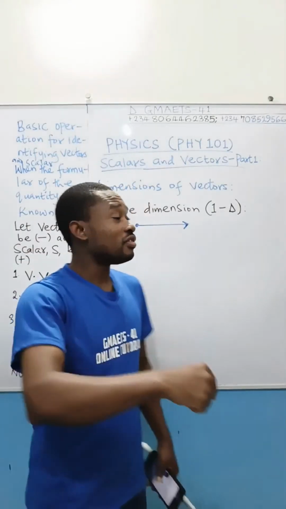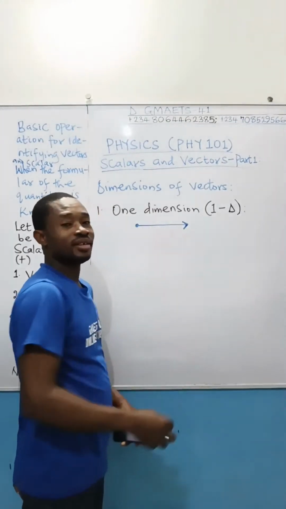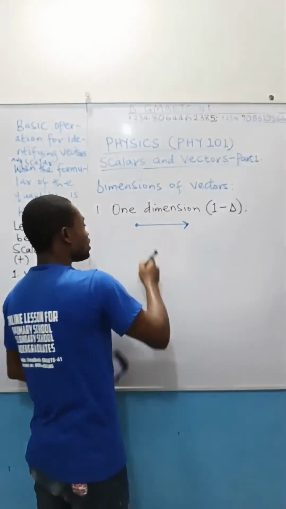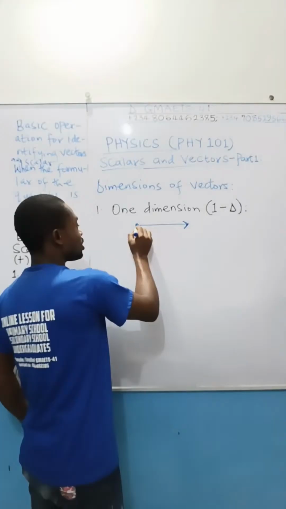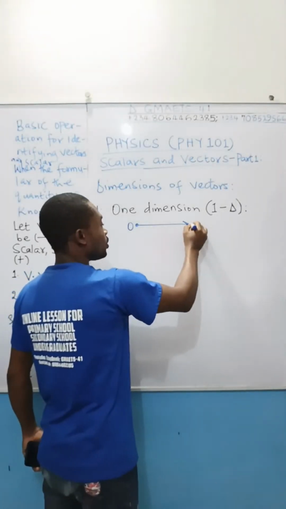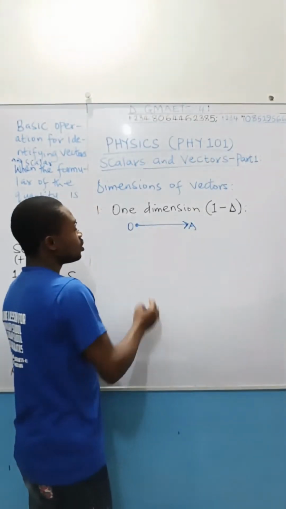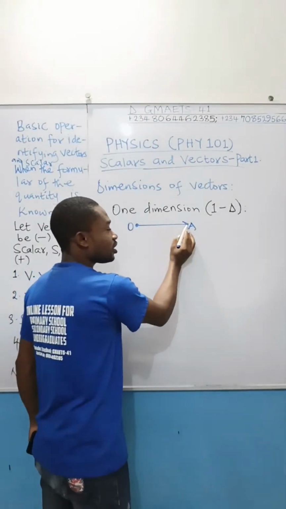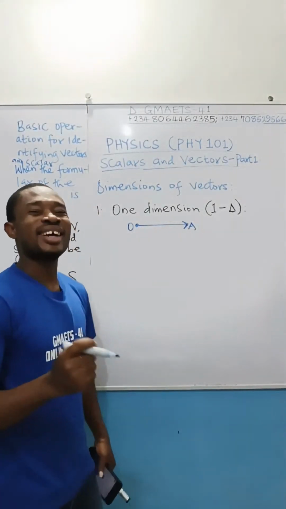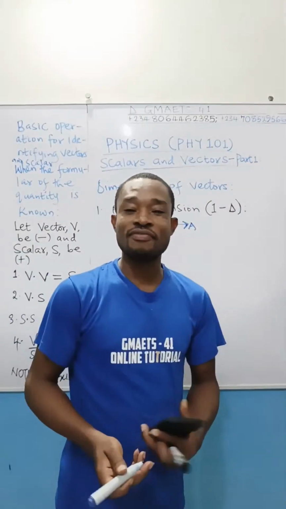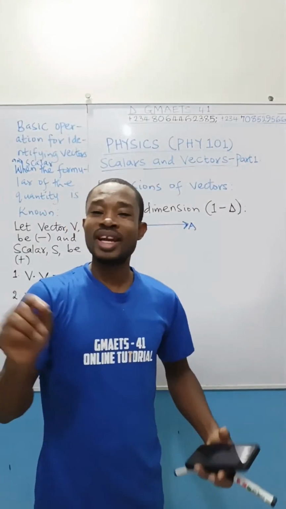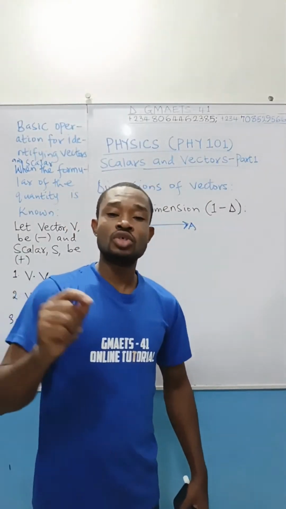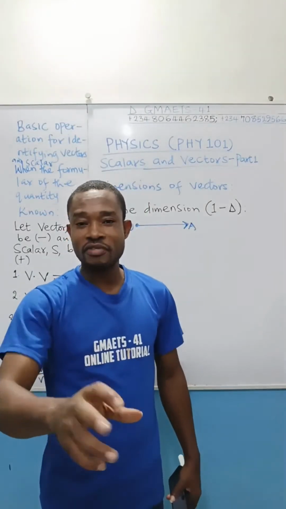The magnitude of the vector is that line. So if I have this as point O, the starting point, and this as point A, the end point, the length from here to here, OA, gives you the magnitude, the size, the value, the absolute length, the modulus of the vector.